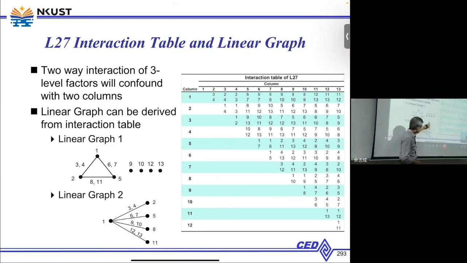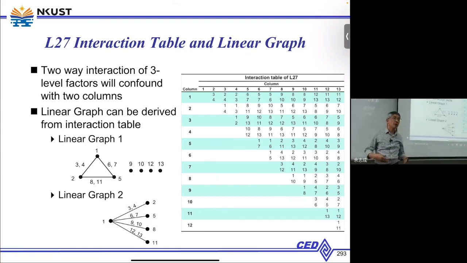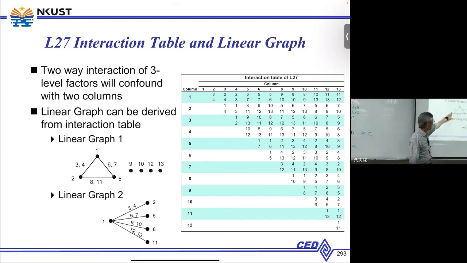The second linear graph can only analyze 5 main effects, with only 5 dots. However, the second linear graph can analyze more interactions than the first. So it depends on your problem style. You should select the appropriate linear graph and then assign your factors.